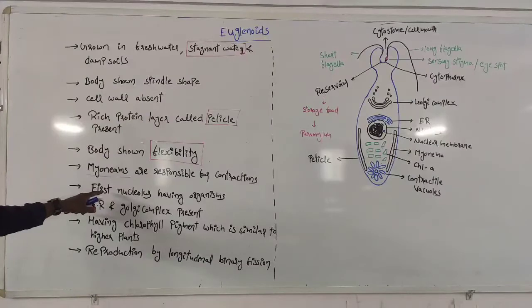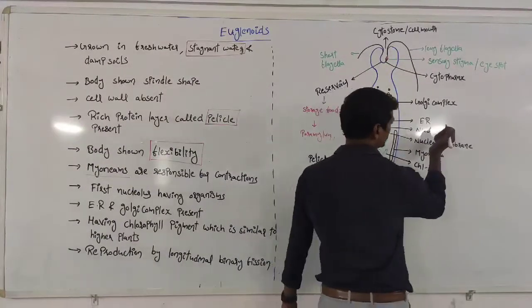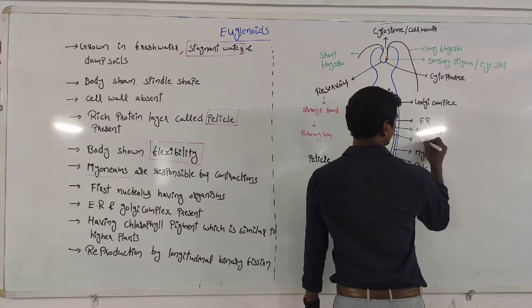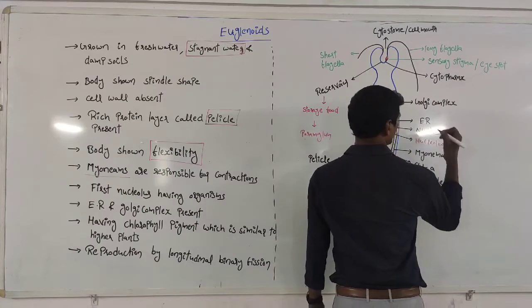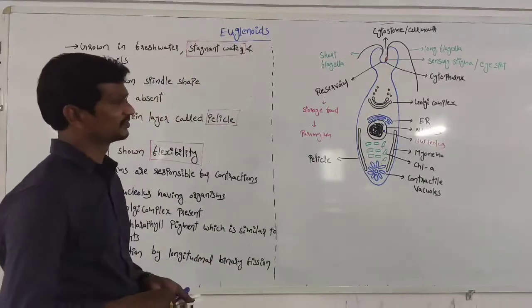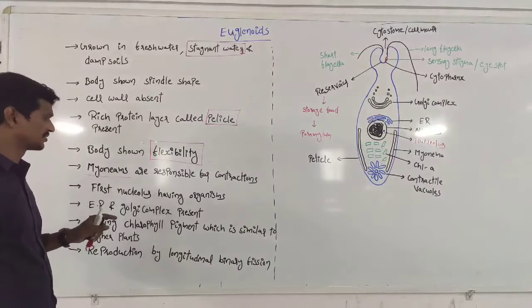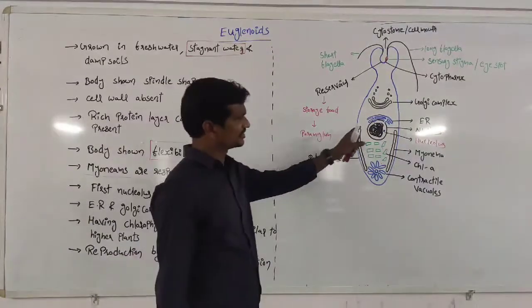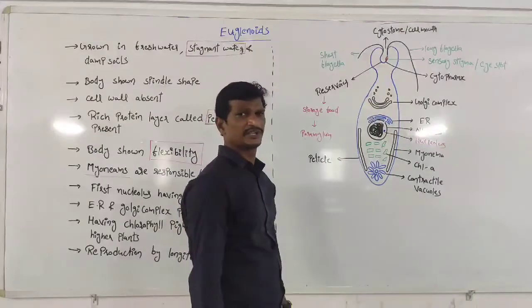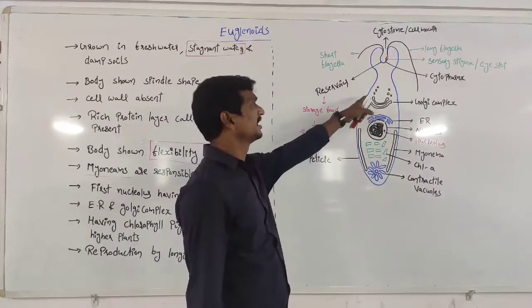These organisms are the first nucleus-containing organisms. They have an endoplasmic reticulum and a Golgi complex, and there is also lysosome formation.